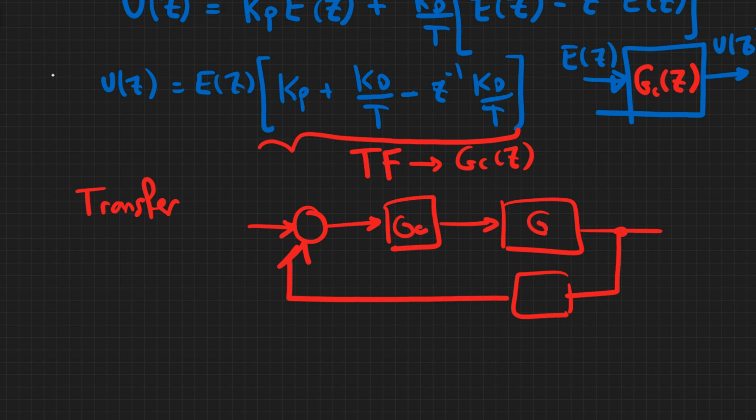So if this is gc and this is g and this is h, we can use the block diagram transformations, simple algebraic rules, to obtain the overall transfer function, for example. So it becomes quite useful to introduce the notion of transfer function in discrete time as well.